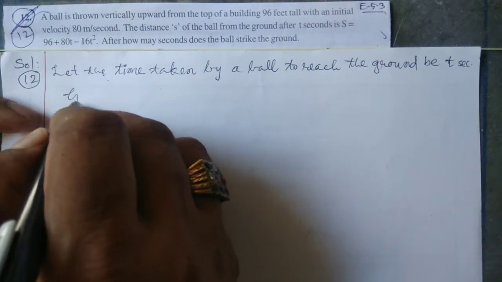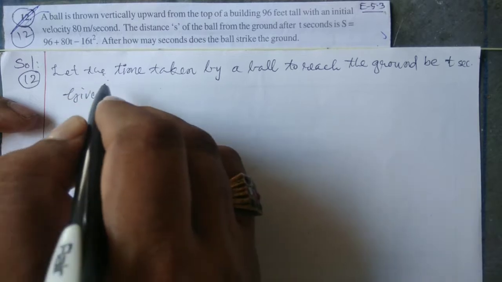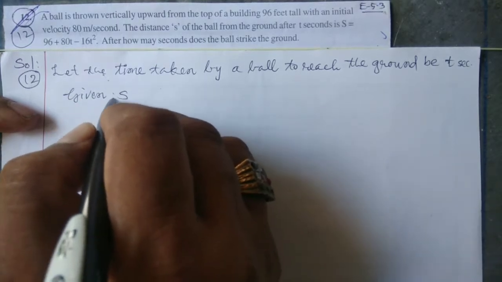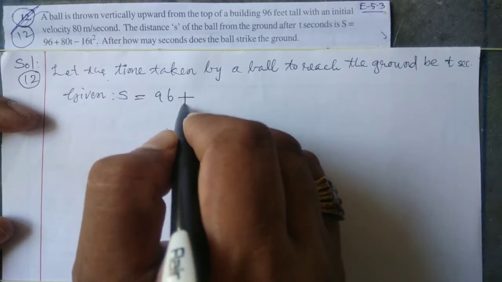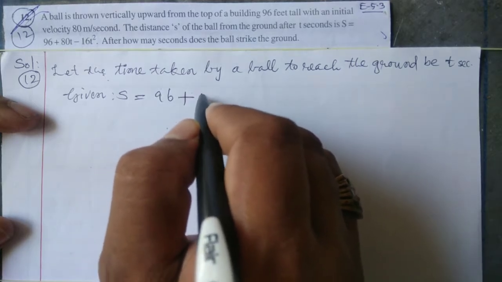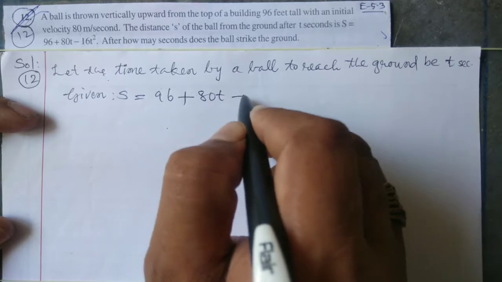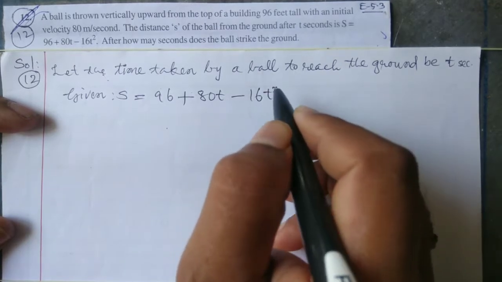Given s is equal to 96 plus 80t minus 16t square.